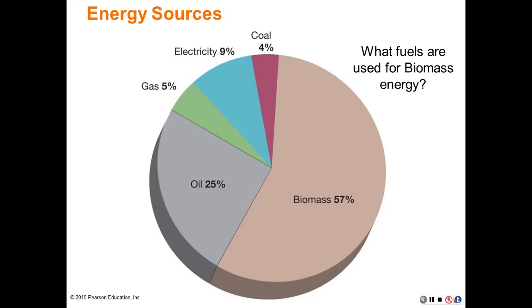Coal is only about 4%, and natural gas as well is low at only about 5%. Biomass is the largest energy source, and we find this relatively unique due to the tropical environment of Central Africa and the large rural population together forming this high biomass energy use.